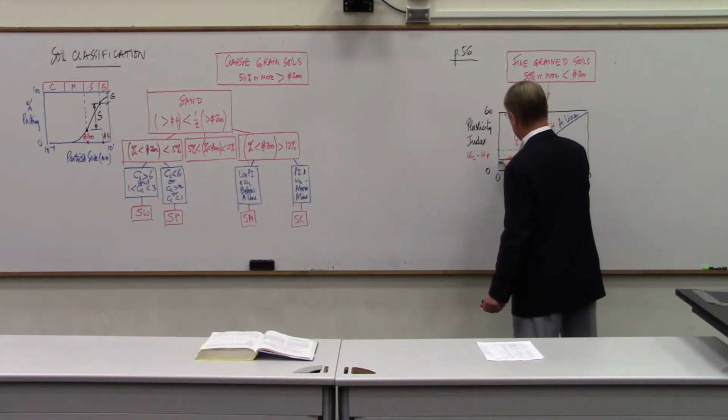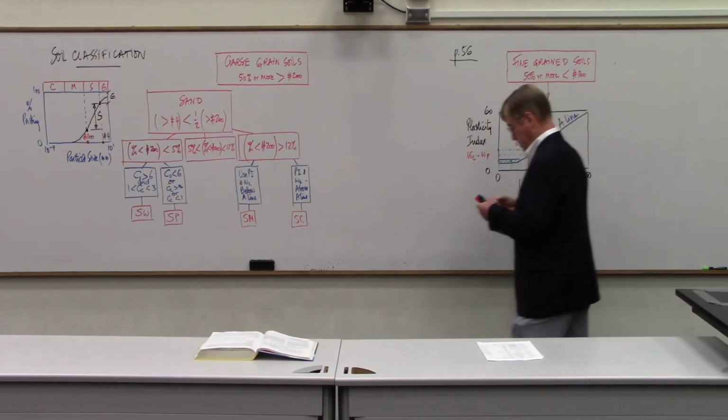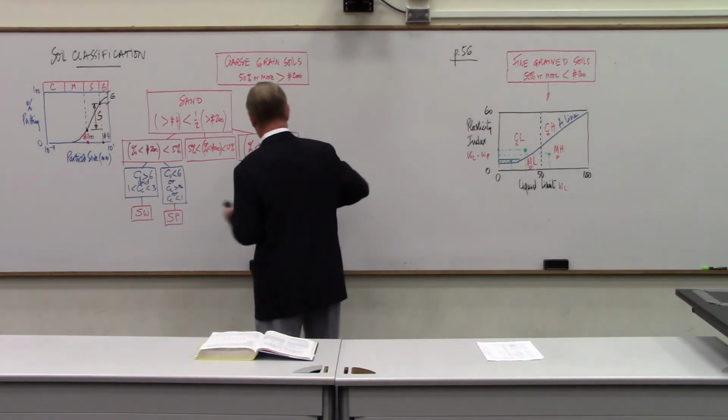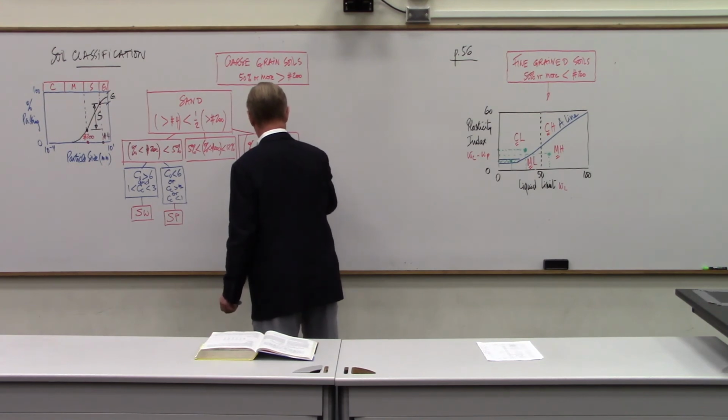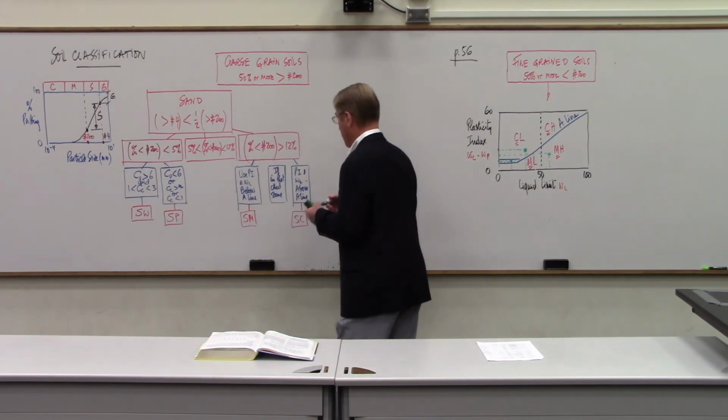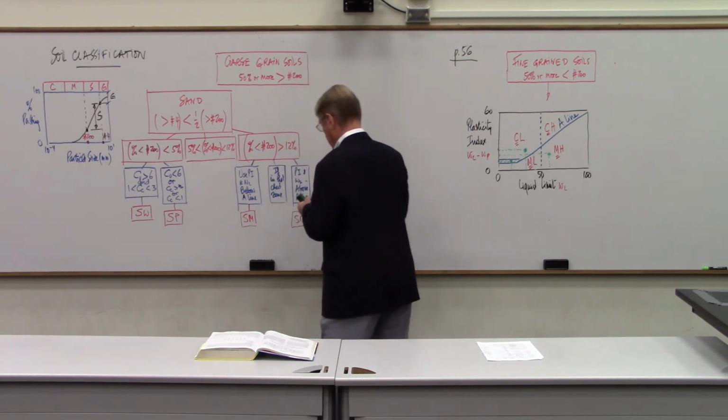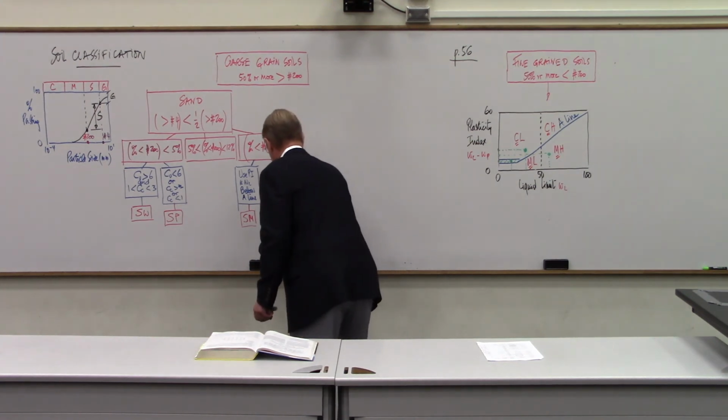You may have coordinates that go like this, and then this is what we call the hatch zone. So if in hatched zone, then you have to use both symbols, because essentially you cannot decide. So you have to use SM-SC.